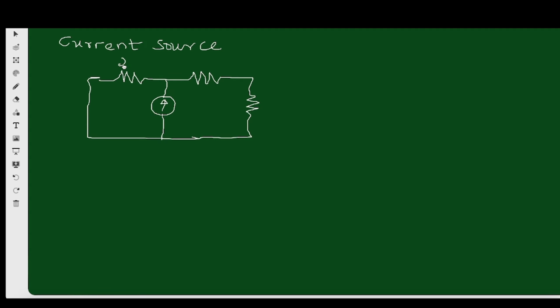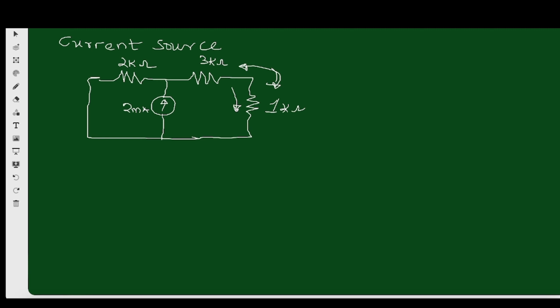So this is 2 kilo ohm, 3 kilo ohm, and this is the load resistor, 1 kilo ohm, and this is 2 milliamperes. So we have 2 milliamperes in parallel with 2 kilo ohms, and also in parallel with 4 kilo ohm, because the combination of 3 kilo ohm and 1 kilo ohm is what? 4 kilo ohm. So I want to get the current flowing through 1 kilo ohm, right?